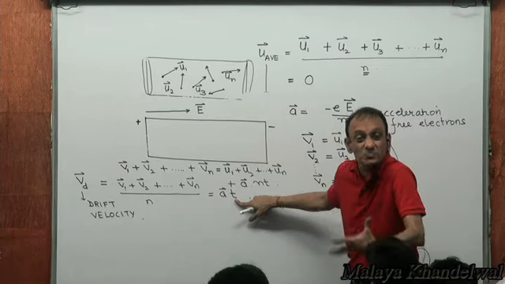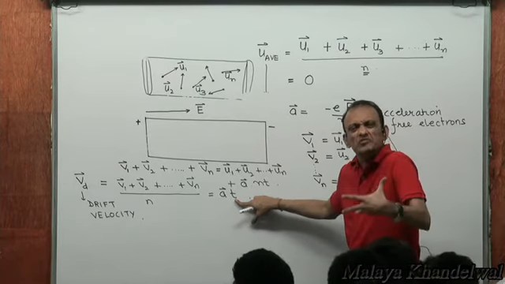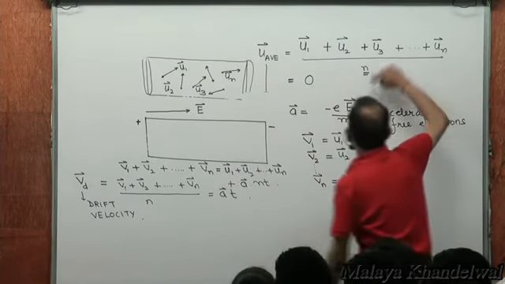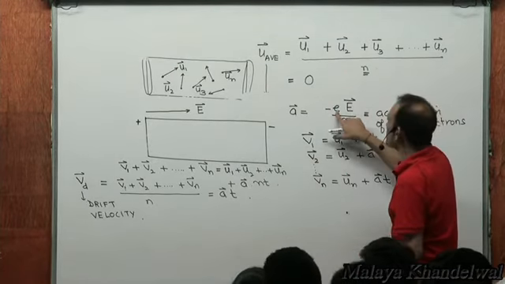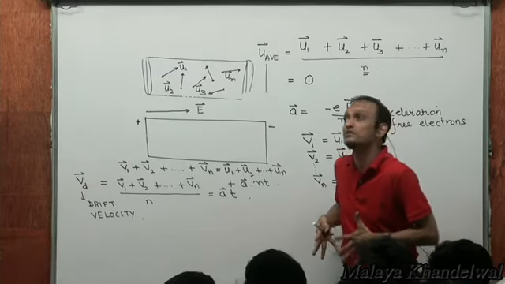And this a is given by E by m. This a can't be significantly large, even if you apply very high values of electric field. This t is so small that actual calculations reveal that this drift velocity will be really, really small.